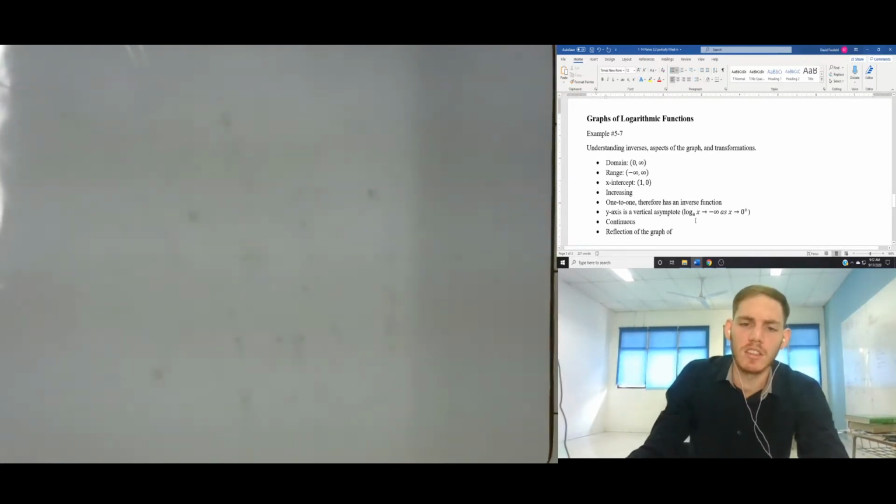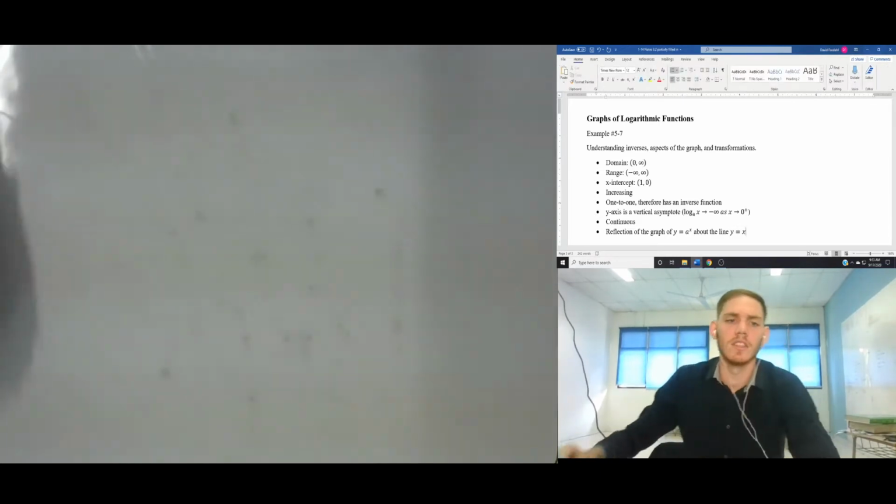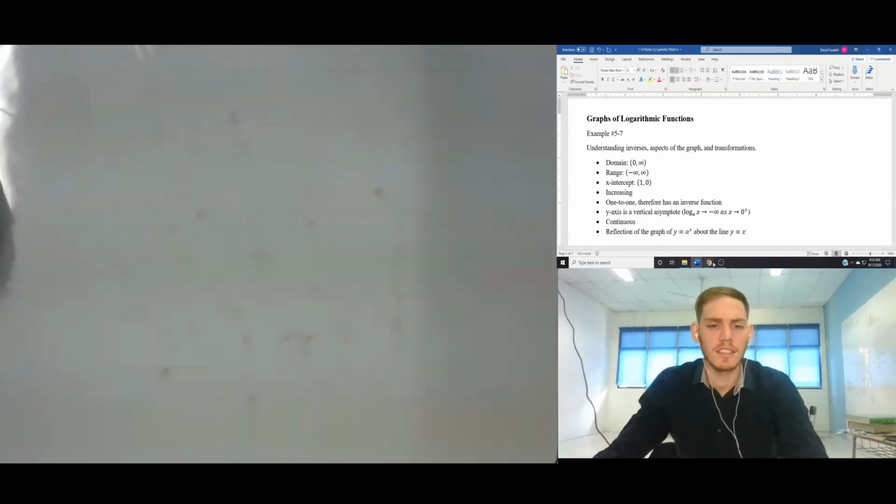This just basically means the graph will approach negative infinity as our x approaches 0. It's continuous and it's a reflection of the graph y equals a to the x about the line y equals x.